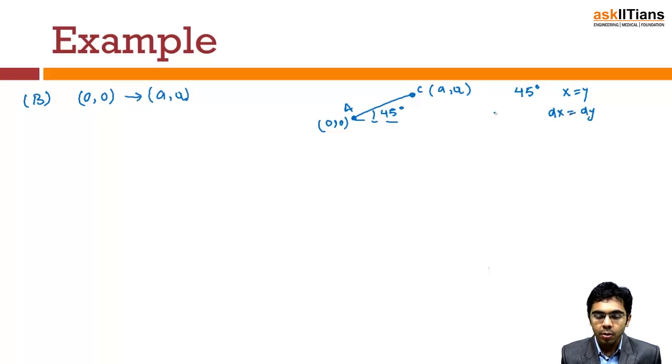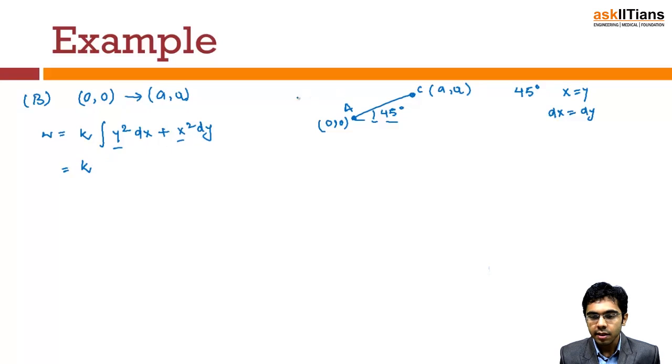So let's write it down. What is the work done? Work done will remain the same. It is k times y square dx plus x square dy. So therefore, we can write this as k, since y equals x on this line, x square dx plus x square dx.